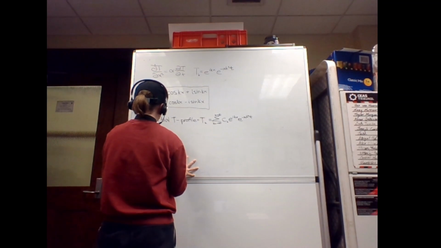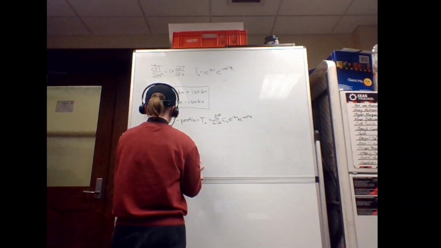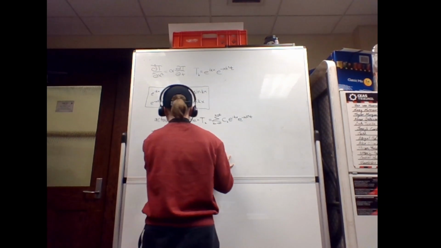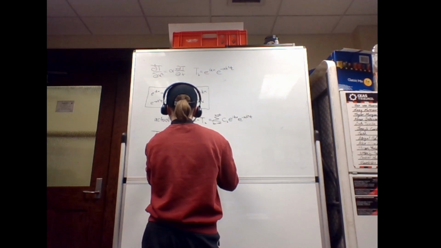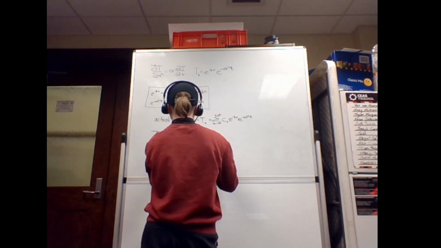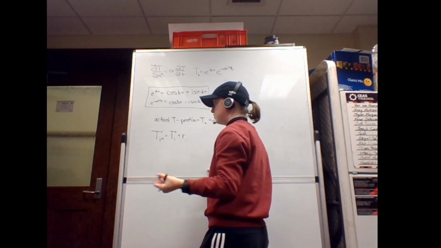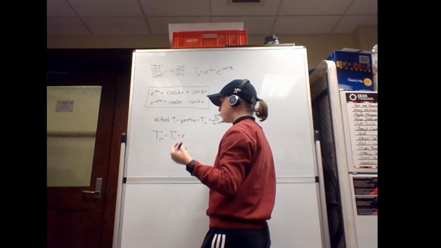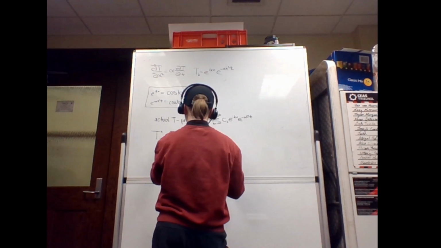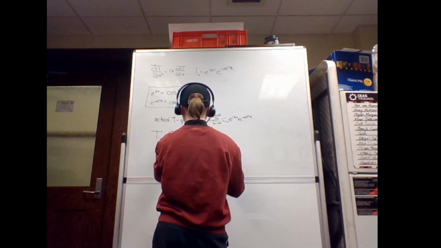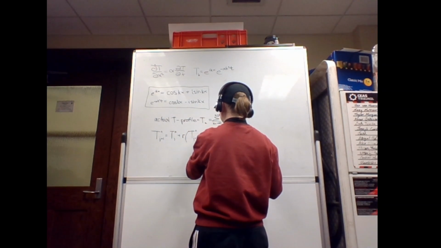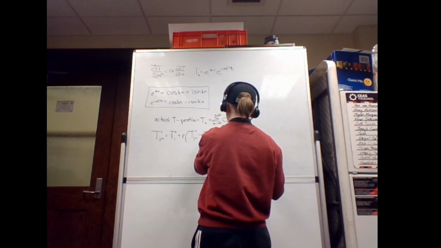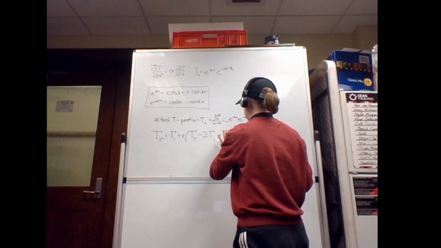So T_j^(n+1), because we're looking for the next step, is equal to T_j^n plus r, where we're taking that alpha change in t over change in x squared and just calling that r, multiplied by T_(j+1)^n minus 2T_j^n plus T_(j-1)^n.